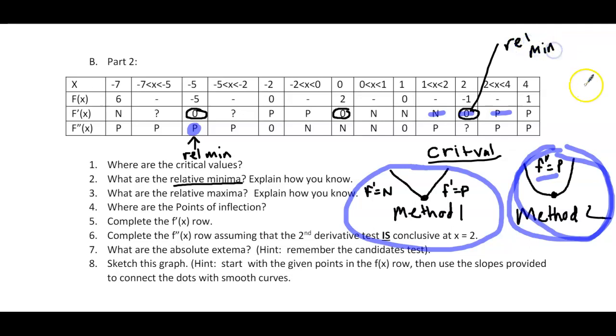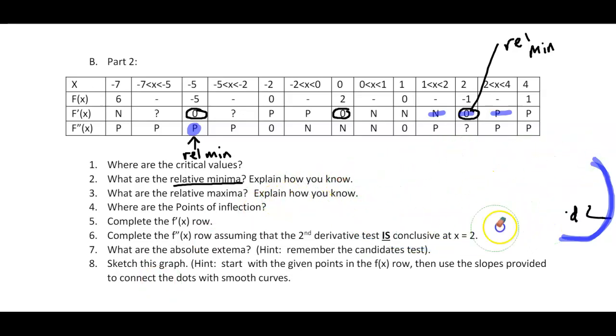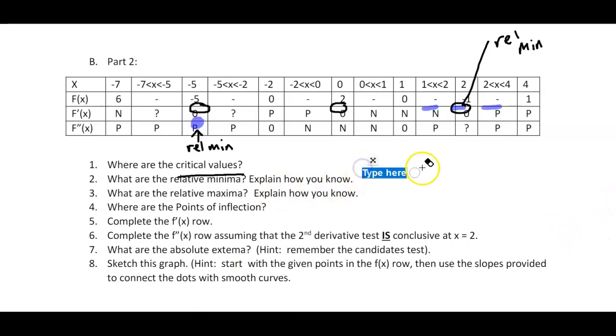Now we have to remember, though, that the relative minima are the y values. So keeping that in mind, here's how we would write our final answer. We would say there is a relative min at the point -5, -5. That's this one right here. And the reason for that is because f double prime is positive.